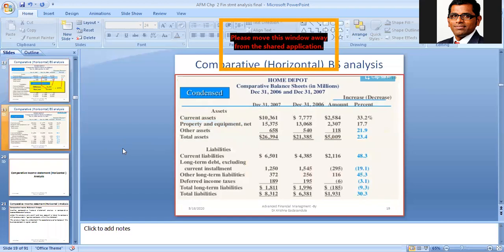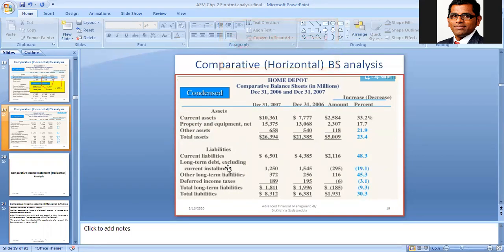If you see this total, with the same formula we can calculate. What are these brackets? Brackets are there for negatives. What are these? The current installment amount of long-term debt, excluding the long-term debt.